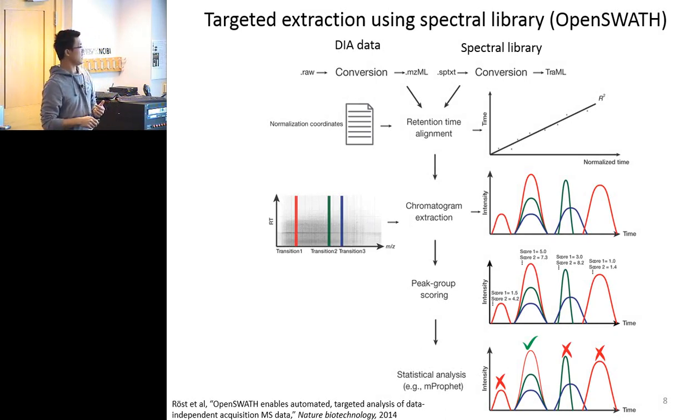So in this example, for this peptide, we expect to see these three fragments, the transitions. Then you know the fragment signal, what the m/z is, what the molecular weight is. Then you go into the DIA data, the data independent acquisition data, to extract the signal like we just described.